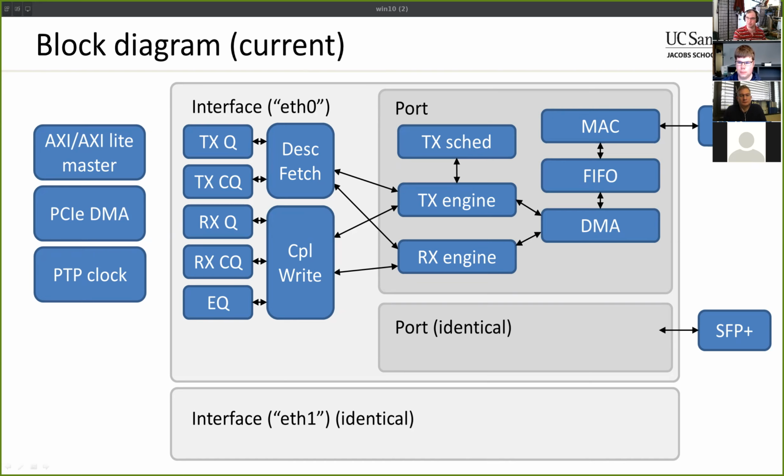But if you were running at a lower speed, say 25 gigabits per second, you could have 4 ports on each QSFP28 that all show up as the same Ethernet interface. And then you can change the transmit scheduler settings to determine what traffic gets sent out of those 4 different ports, and you can hook those up to 4 different network topologies or whatever.